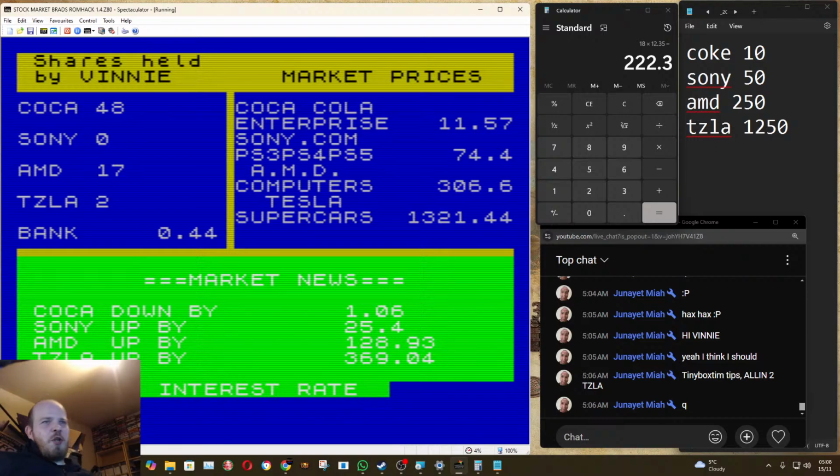Whoa, look, Tesla's up huge, Mia. You just printed cash.